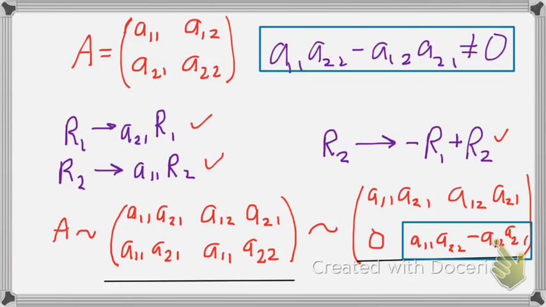If we cross multiply A11 times A22 and subtract away A12 times A21, then we do not want this to be equal to 0. And in our last section, we noticed that if it was equal to 0, then we would not have an inverse. And so therefore, we do not want this to be equal to 0.